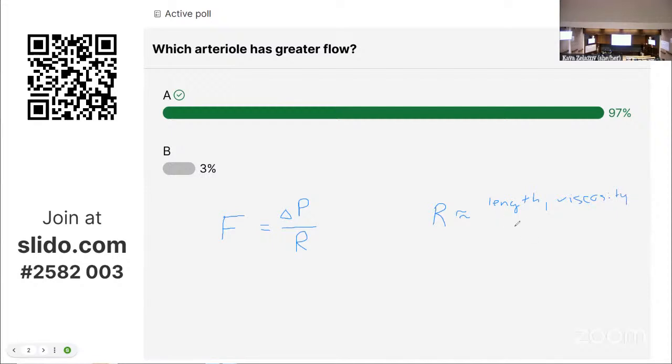But we know that radius, the width of blood vessels, is inversely proportional to resistance. So when we have a smaller radius, that means we have more resistance. In this case, arteriole A, with its radius of 0.025, had a larger radius than arteriole B with its 0.005 radius, and so it has less resistance. With less resistance, we've got greater flow.